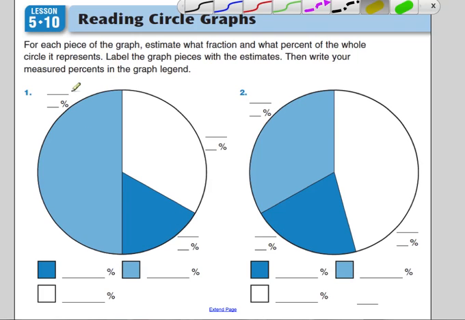So if we take a look at this first section right here, to me, it obviously looks like half. So our estimate of the fraction would be 1/2, and what percent is half of the whole thing? Half of 100%. Right, 50%. Then I have to estimate this section over here.